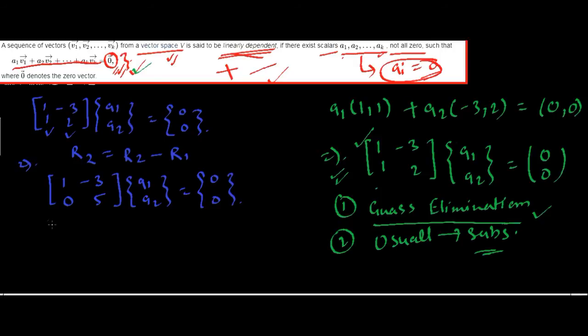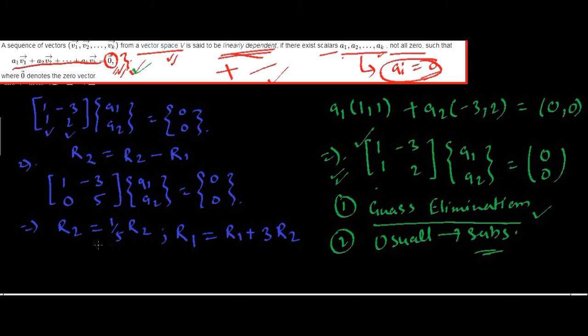Next, we can do R2 equals 1 by 5 R2, and this will make this particular value 2 to 1. We'll apply another operation after this: R1 equals R1 plus 3 R2.